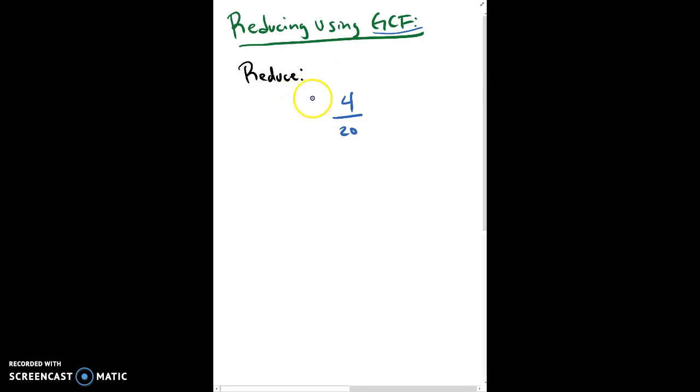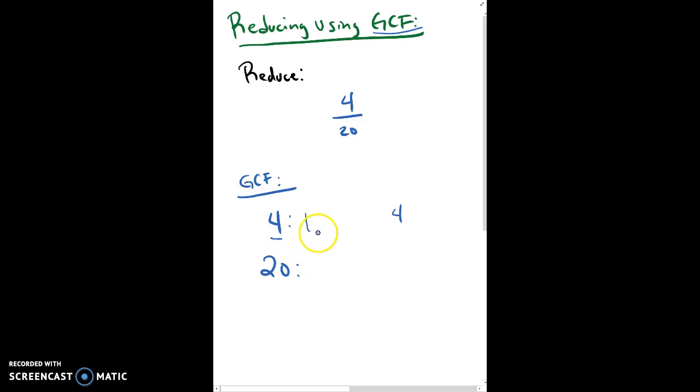So going on with this fraction, if we use GCF, if we try to find the greatest common factor of 4 and 20, this is how we find it. We find two numbers that, when multiplied, give you 4. So 1 times 4 gives you 4.